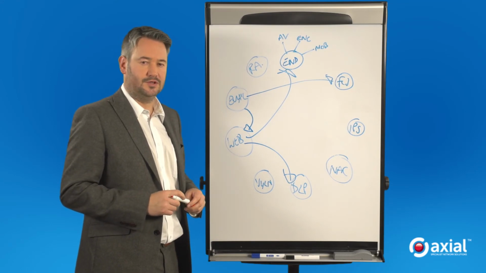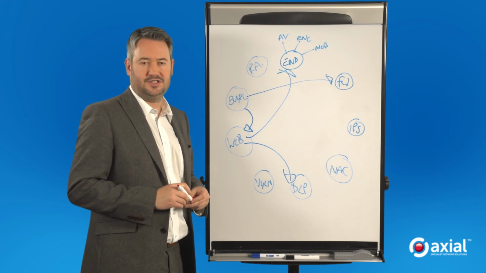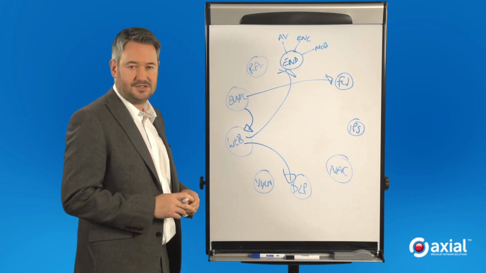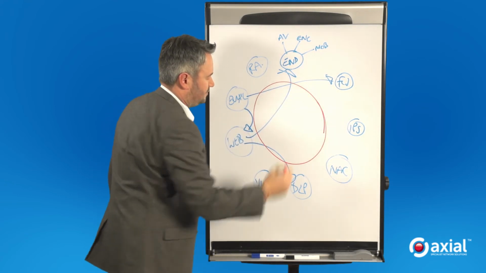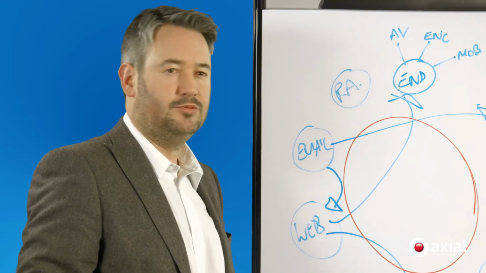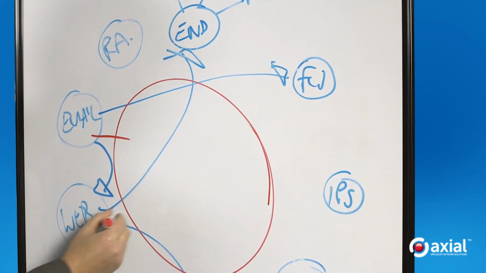As a starting point and a method to join the dots, Axial have assisted companies in delivering intelligent SIEM solutions. So we deploy these solutions to enable rapid analytics from disparate data sources.